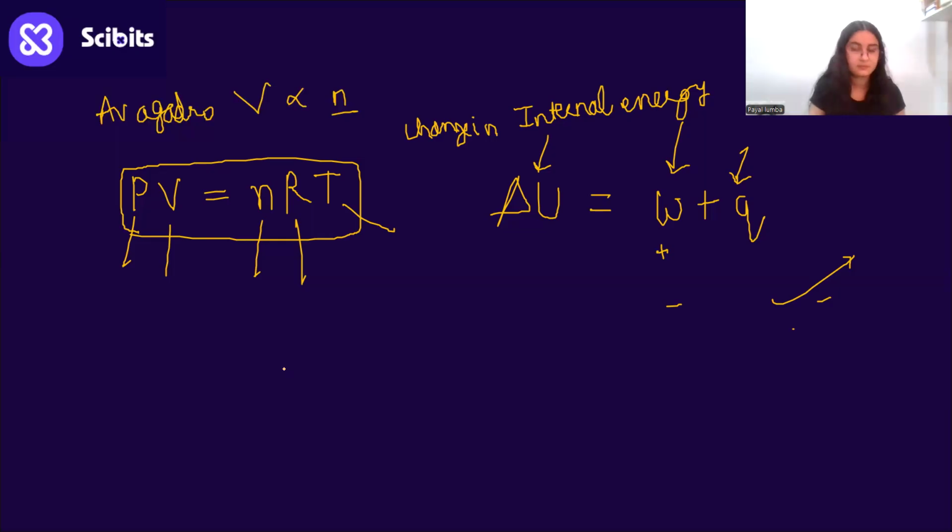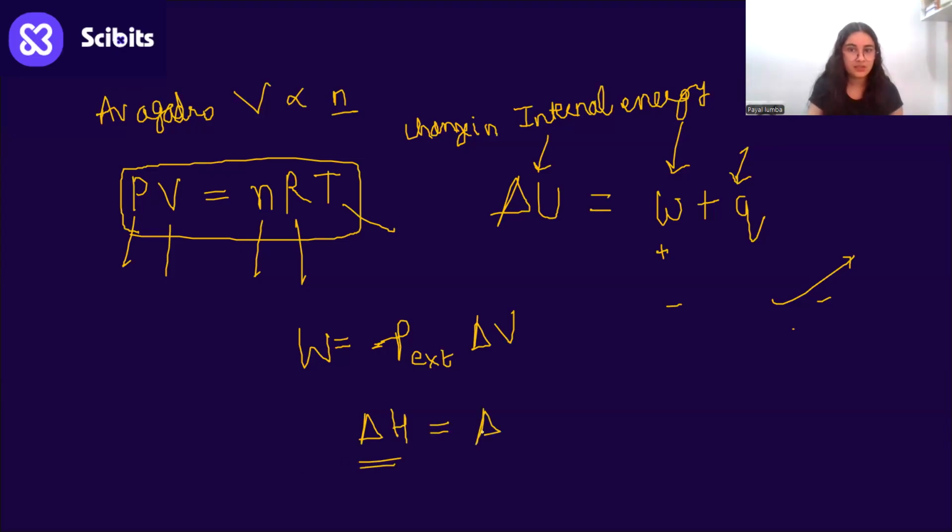Okay. And work done is equal to negative pressure times change in volume, that is minus P delta V. And delta H, enthalpy, is equal to change in internal energy plus P delta V. These are things you should keep in mind.